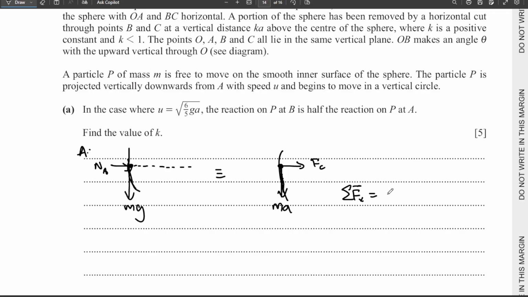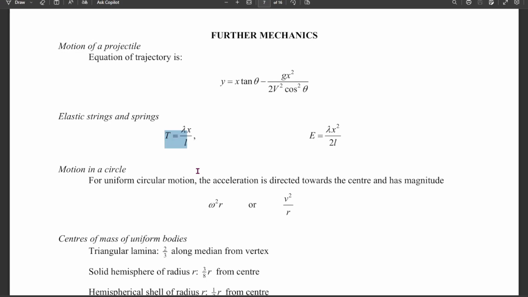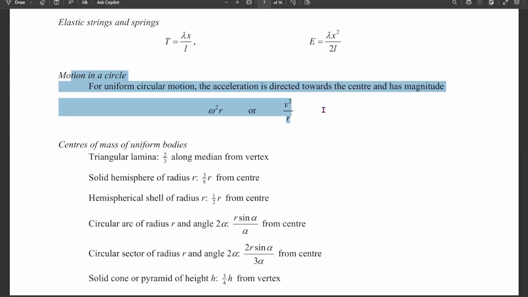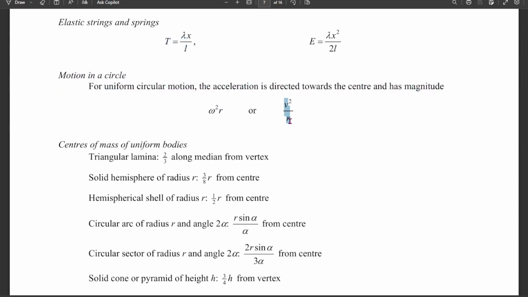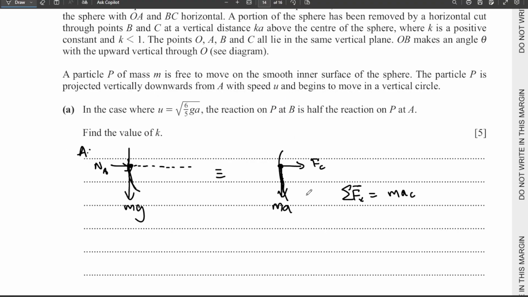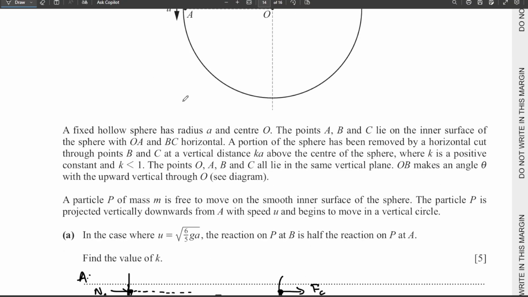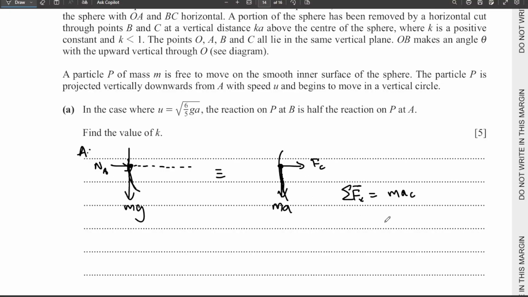So that's ma_c right here. If you forget, there is a formula for uniform circular motion: the centripetal acceleration is v squared over r. In this case, at the initial point A, v is u, so we'll use that: m u squared divided by r.